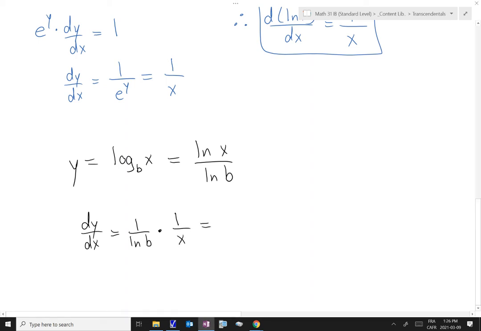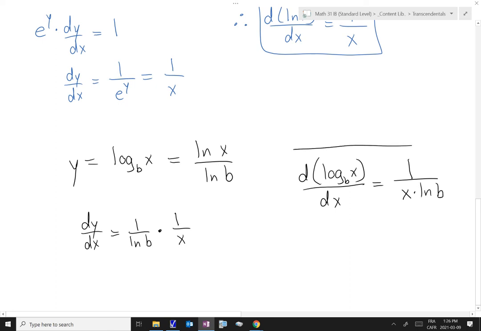Or in other words, to state this more generally, the derivative of log base b of x with respect to x is equal to 1 over x times the natural log of the base. So again, this is why we prefer a base of e, because then we don't have to worry about that coefficient.